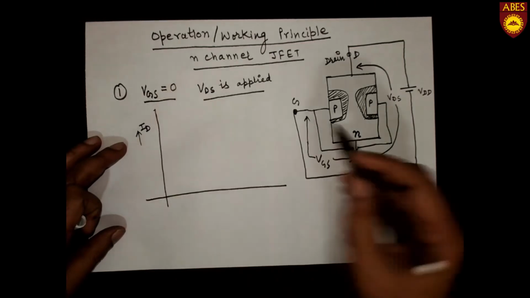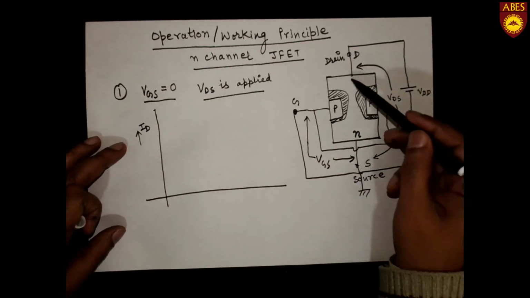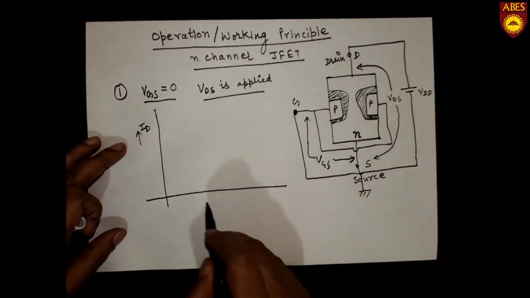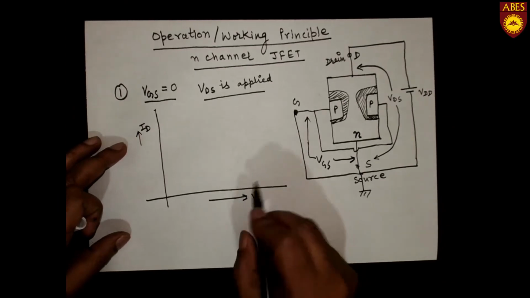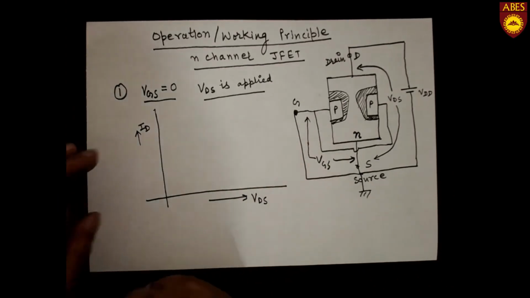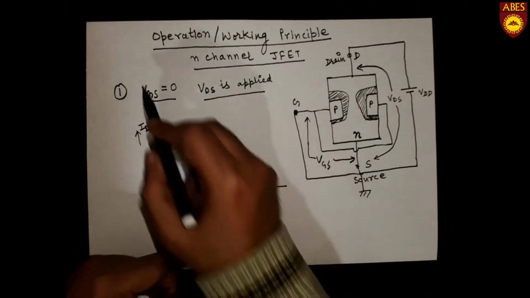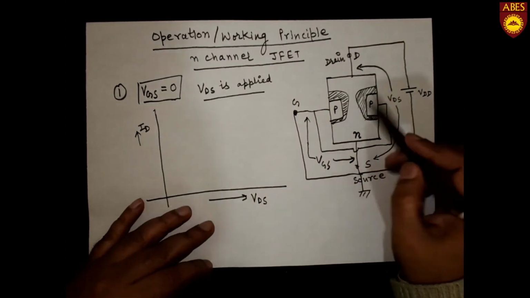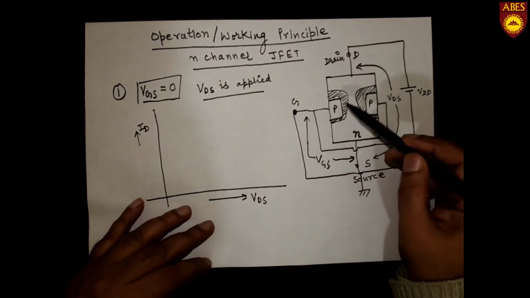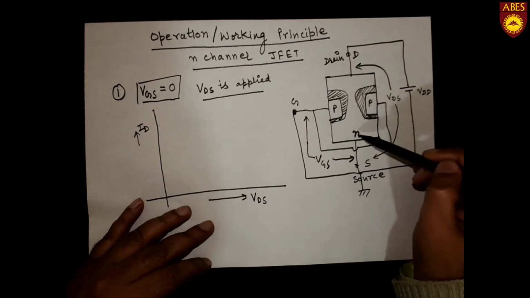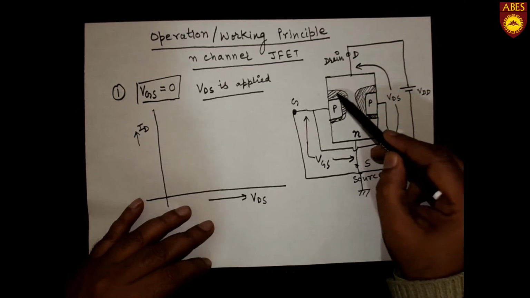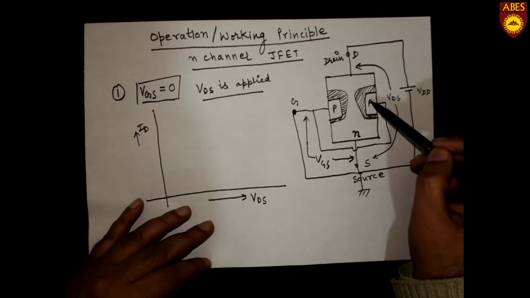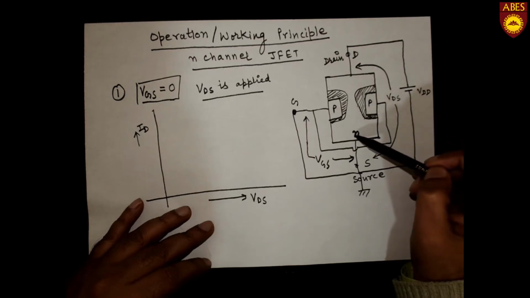This is the drain current ID, which will flow through this n-type region, which is called the channel, and on the x-axis let us show VDS when VGS is 0. As we can see in this JFET, these are P regions and this is the N region. Therefore there is a depletion region between P and N here, and another here.